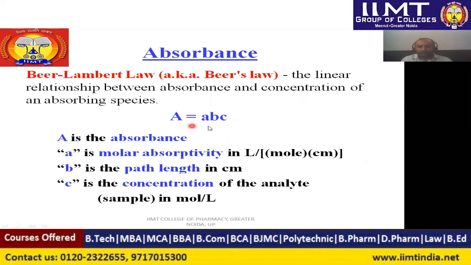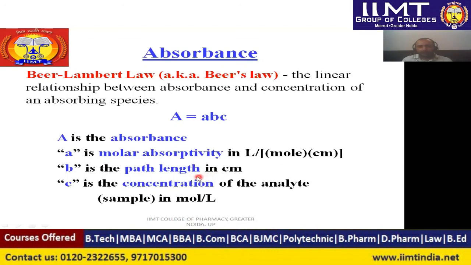Now, this has been described by the simple expression A equals abc. The capital A is the absorbance. Similarly, the small a is the molar absorptivity, b is the path length, and c is the concentration. The concentration, I think, is clear. The path length: there is a sample holder, which in spectroscopy is generally known as a cuvette.